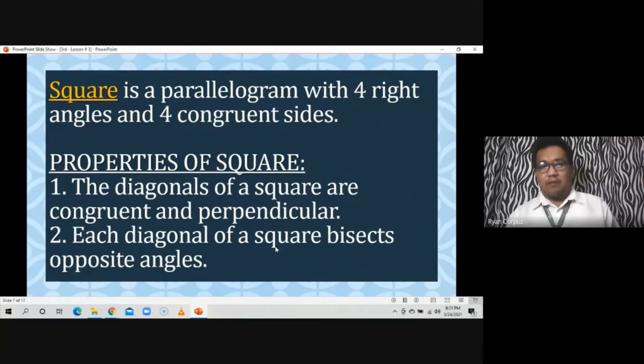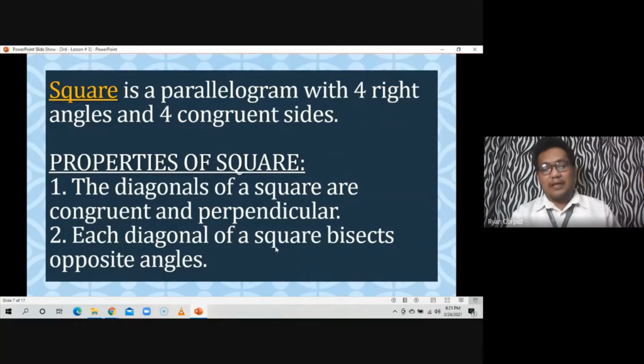Kapag ganun yung definition natin, very specific, so that means we are pertaining to a square. So what are the properties of a square that we can use when the given figure in the problem is a square?